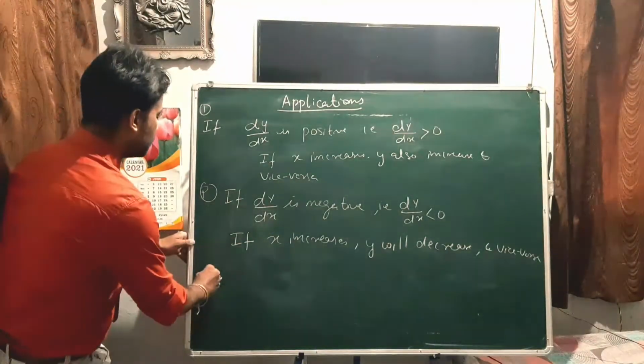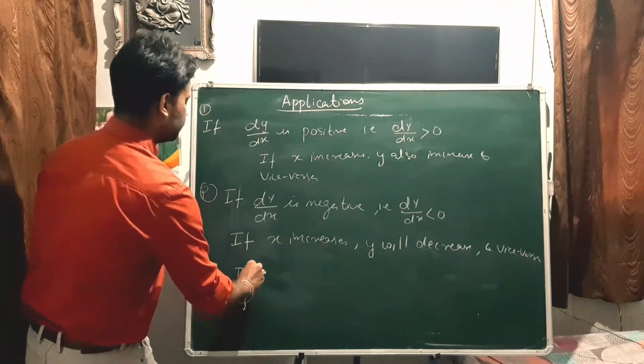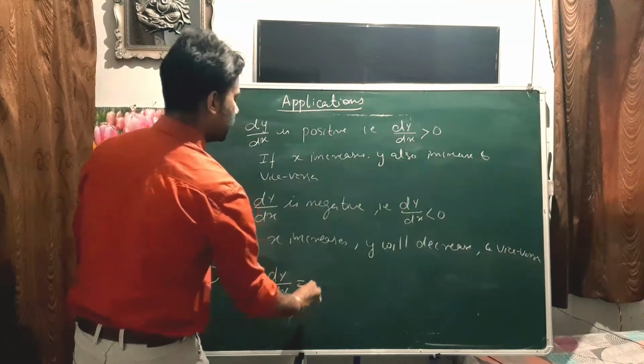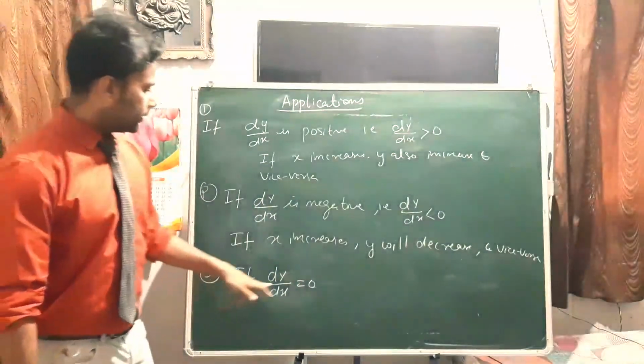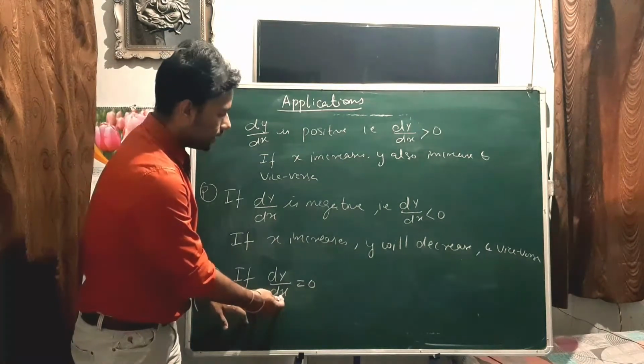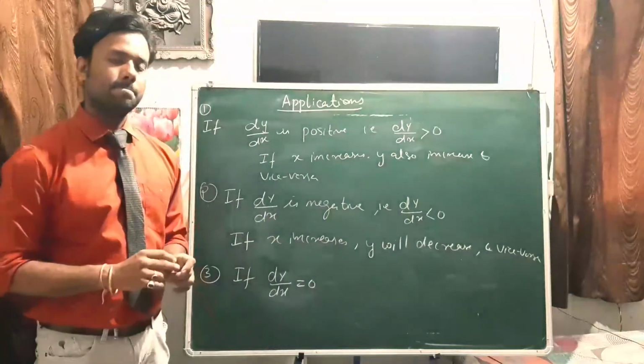Now the third case is possible: if dy by dx is 0, what does it mean? This can happen. It means that if we increase or decrease the value of x, there will be no change in the value of y.